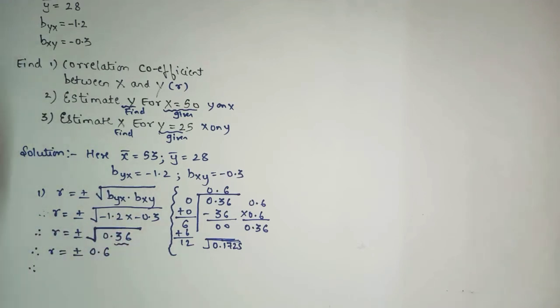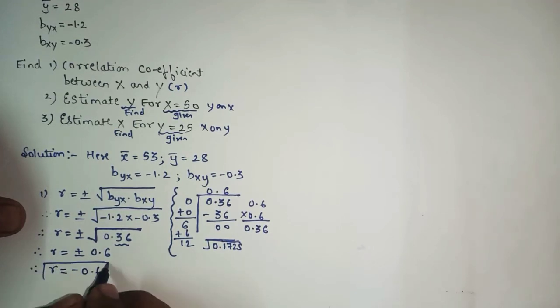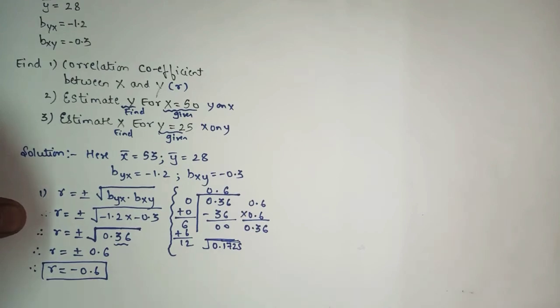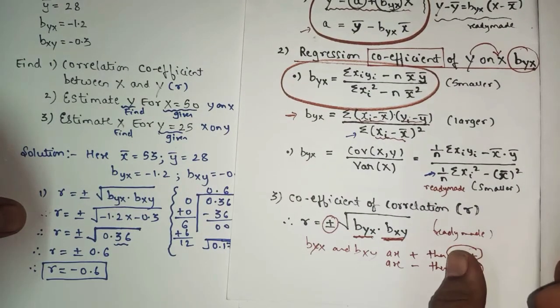So here the value of r, clearly we can say that it will be minus 0.6. Why? As per the rule, when both the values are negative, then r is negative.